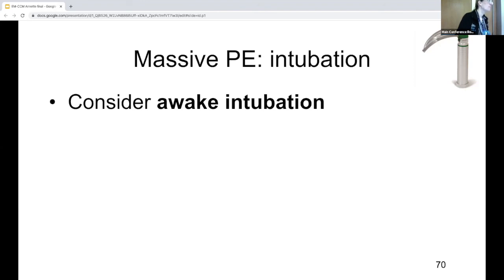And so I think RSI is the best for first-pass success. But it's something to consider. I think it's for the patient that you think is going to crash but you have a little bit of time. Because as was said, you need all that preparation, the low dose benzo, the anesthetic, to be really successful. Otherwise, if these patients are awake enough to be intubated, they probably don't need to be intubated.